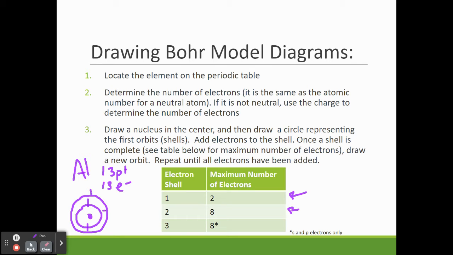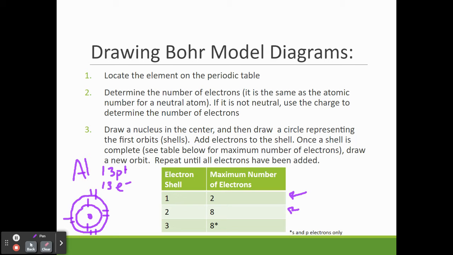So top, right, bottom, left, and then I'm going to double it up. And when I do that, that gives me 8 electrons in that energy level. So I can draw a total of 13 for aluminum. So far, I've drawn 2 on the inside in the first energy level and then 8 in the second. So I've drawn 10 electrons so far.